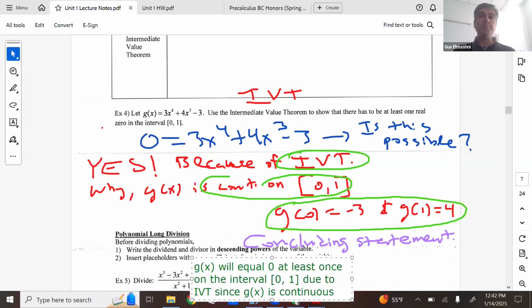It's a polynomial function. Polynomial functions are always continuous, right? As long as there's no root order. It's polynomial. It's all good.